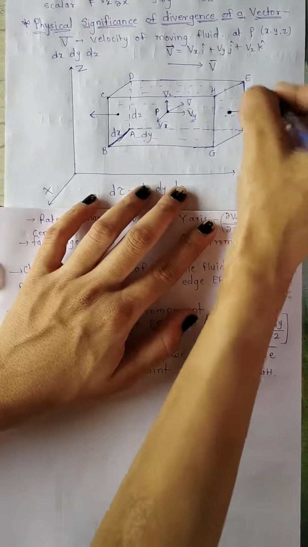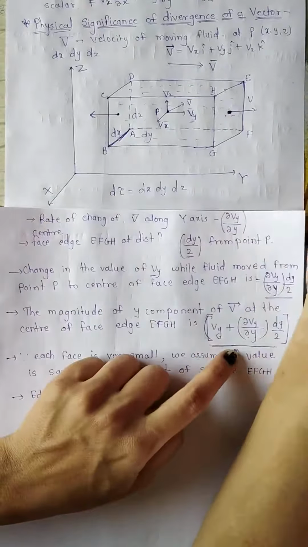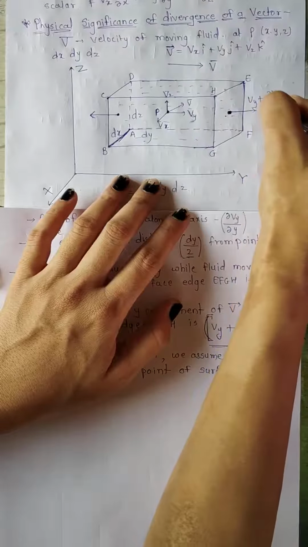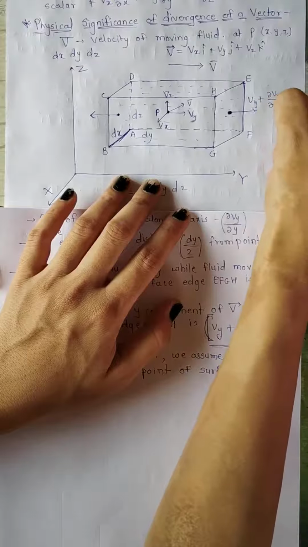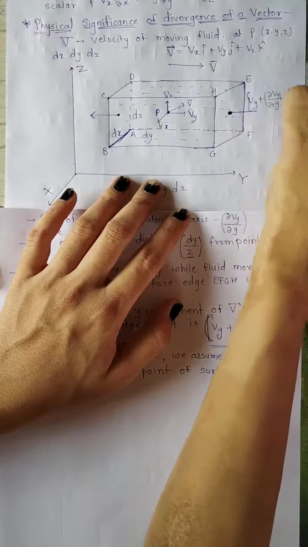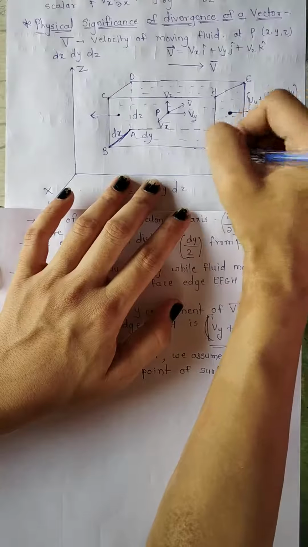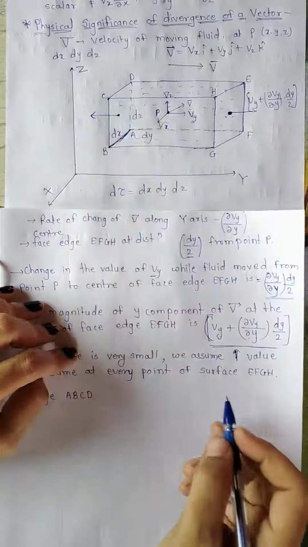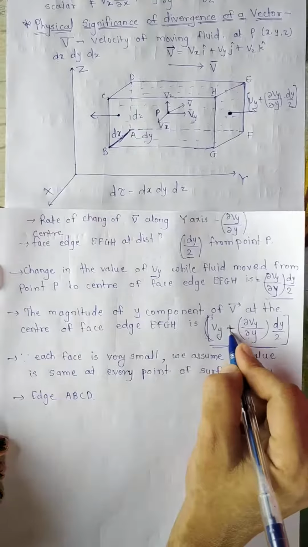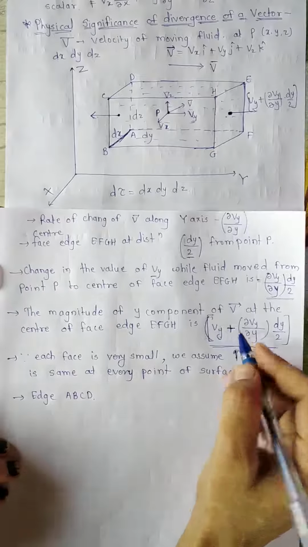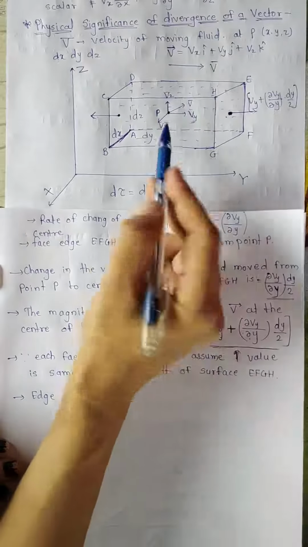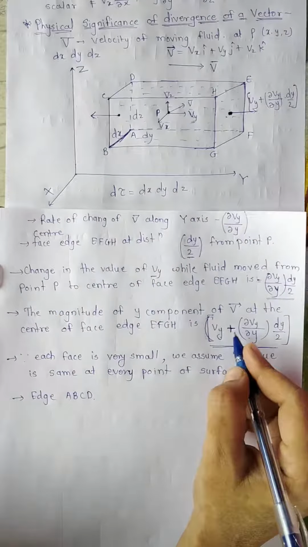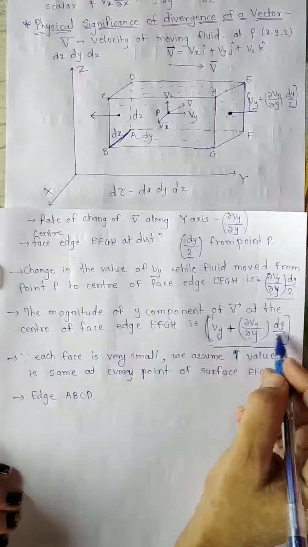So this value we have just calculated, which is equal to this bracket, that is Vy plus dou Vy upon dou y into dy by 2. So this is the value for face EFGH, and the only change for this second edge will be that we take the subtraction here, because the y component is now in the negative direction, so this sign will change and there is no other change in this expression.